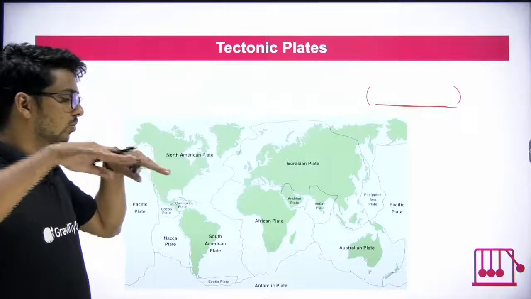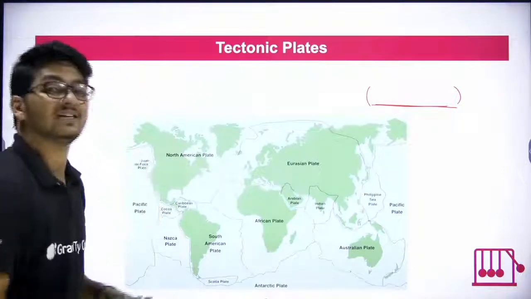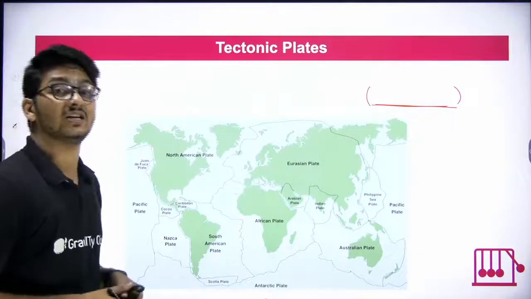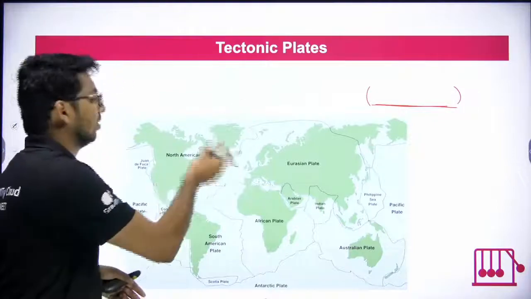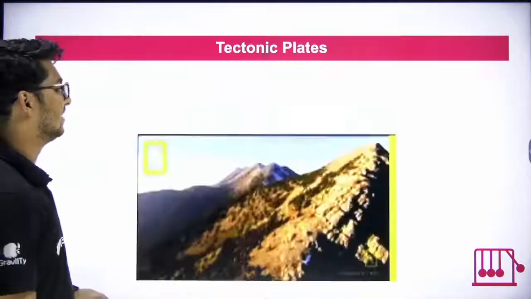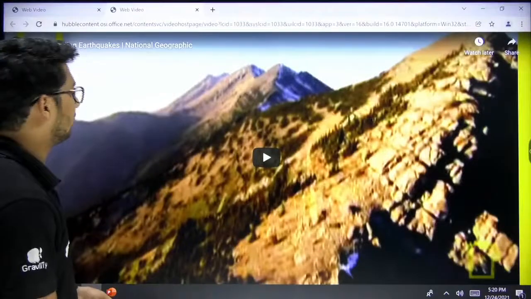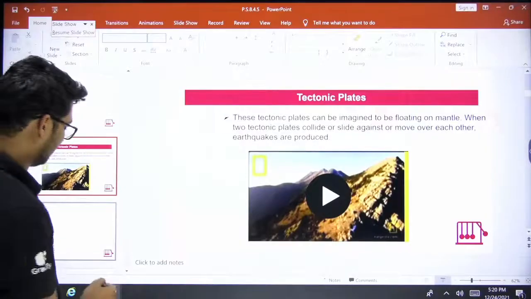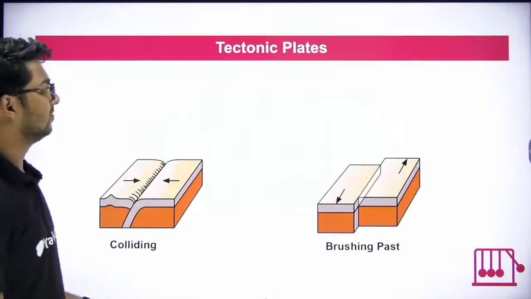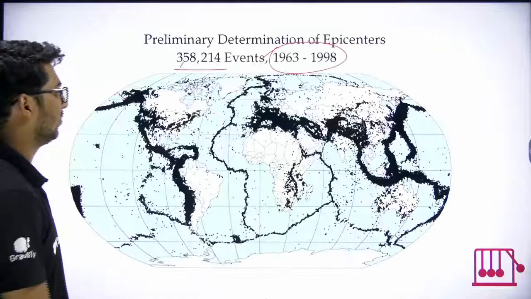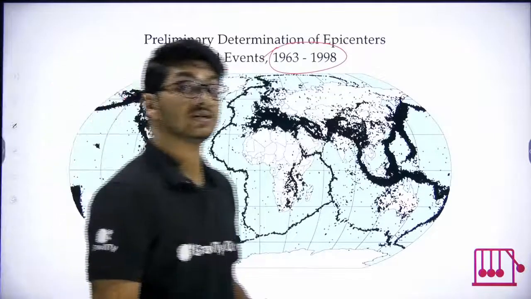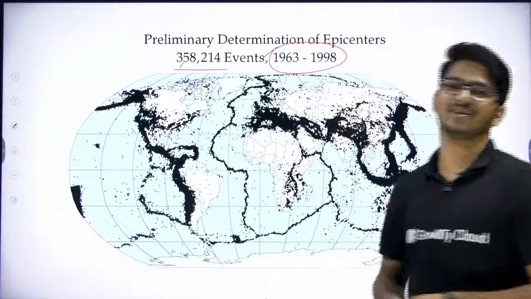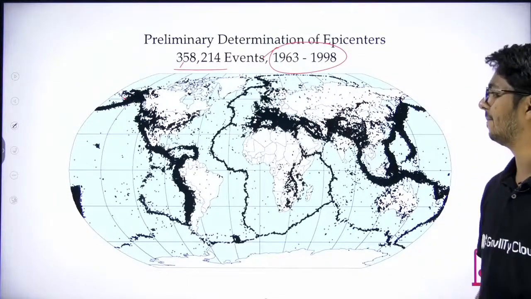Because whenever two plates collide against each other, most of the shaking will be at the border of the plates. That is the reason why most of the earthquakes occur near the boundaries of tectonic plates. Okay? Good.